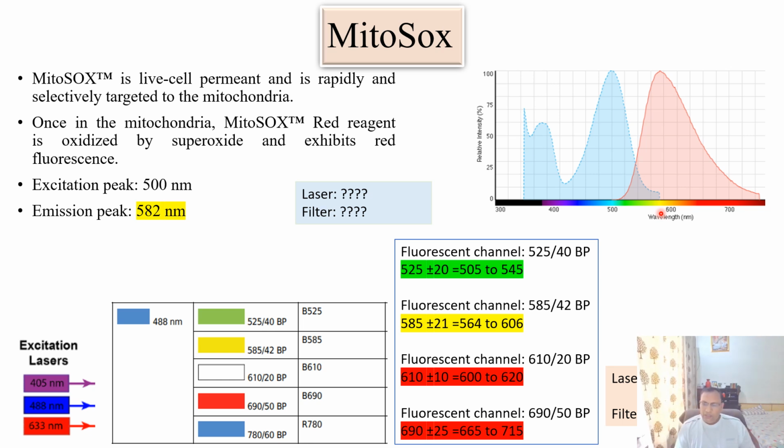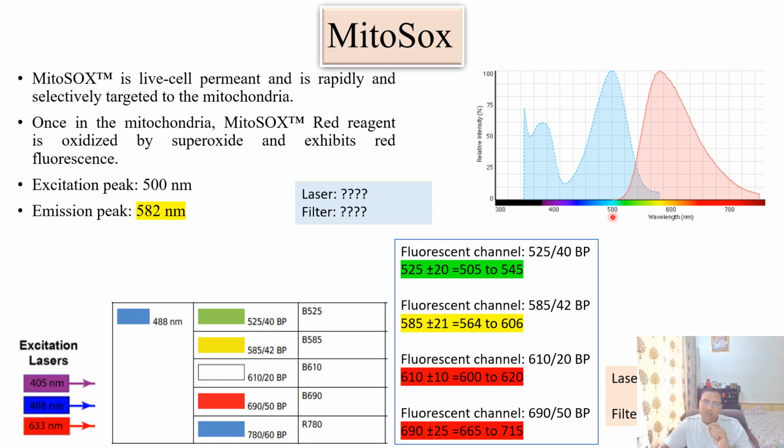But here you can see the maximum relative intensity is at about 500. Instead of using the whole range of 350 to 600, if we use a single wavelength of about 500 nanometers, it will excite the electrons maximally.